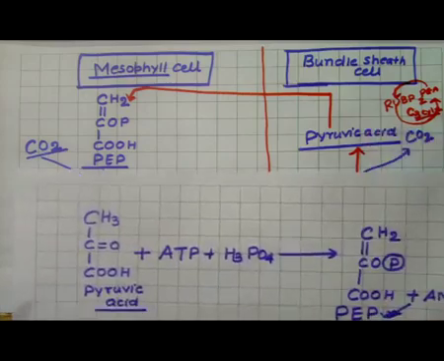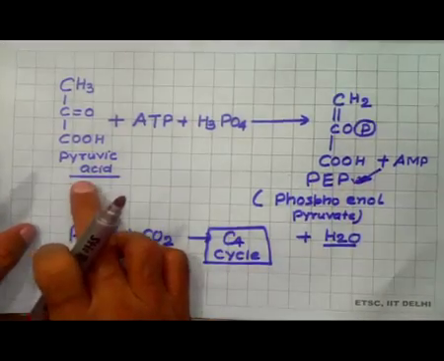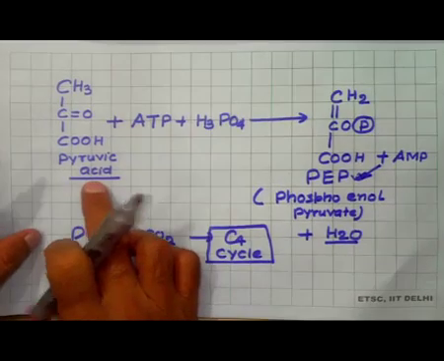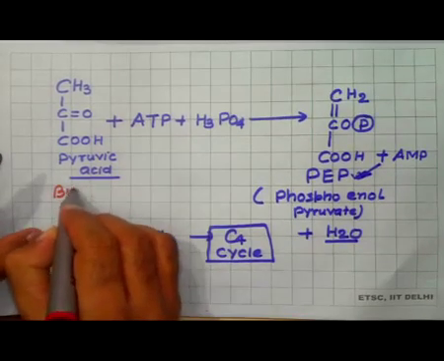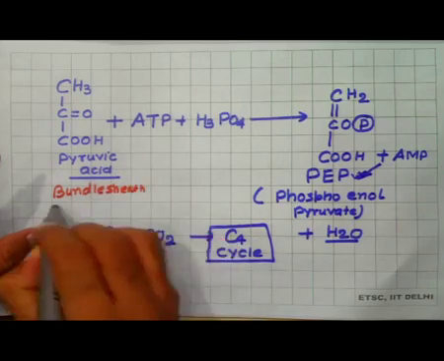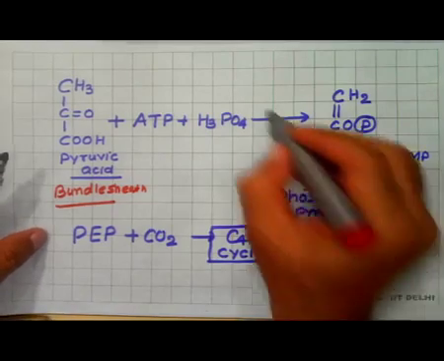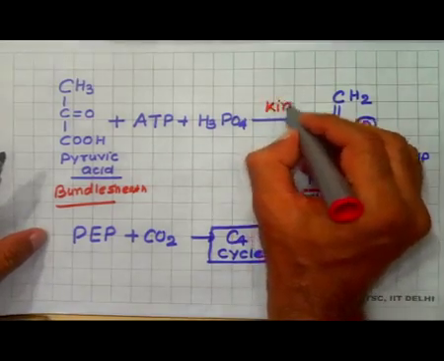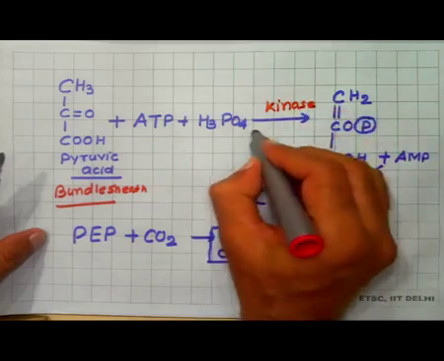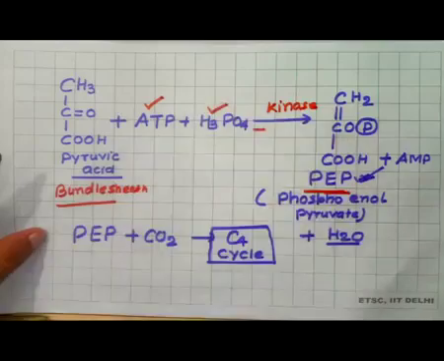This pyruvic acid, which is formed inside the bundle sheath cell, is converted into PEP with the help of the enzyme kinase, and it also requires ATP and H3PO4.